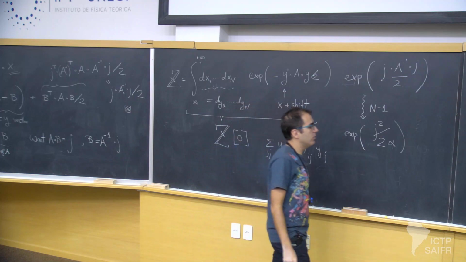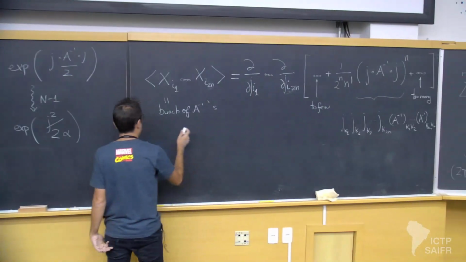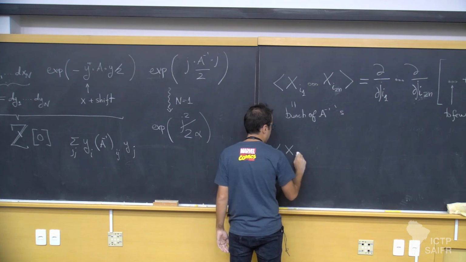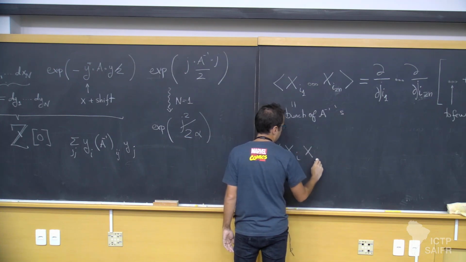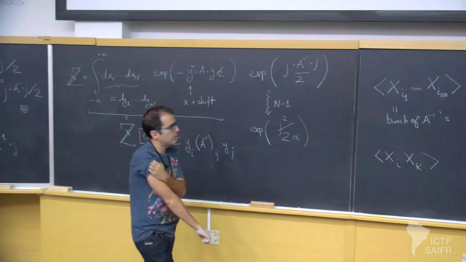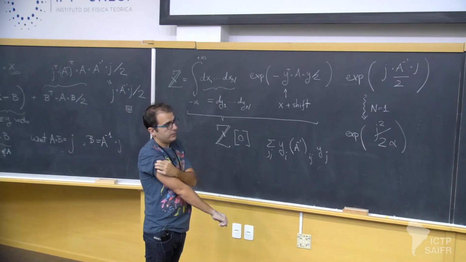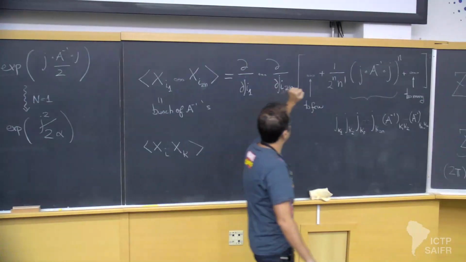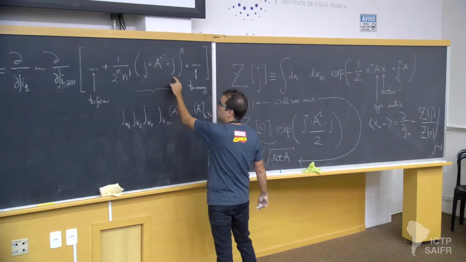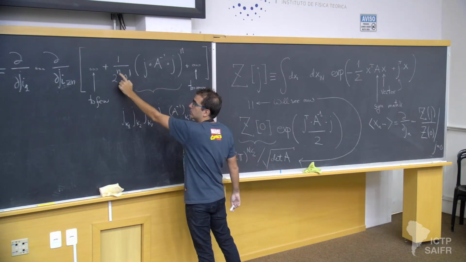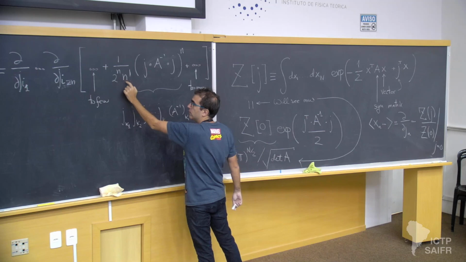But for now, let's observe the simplest case, where I have x_i, x_k. Well, if I just have 2, then I just want to have 2 j's. Here I have 2, 1, 1, so 2 and 1.